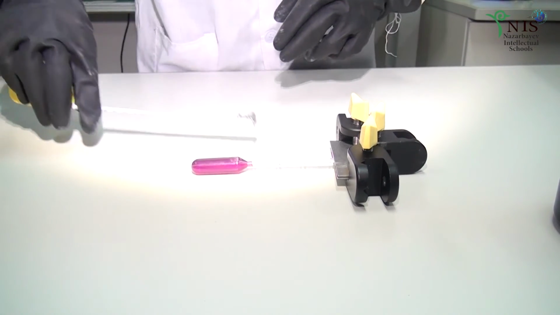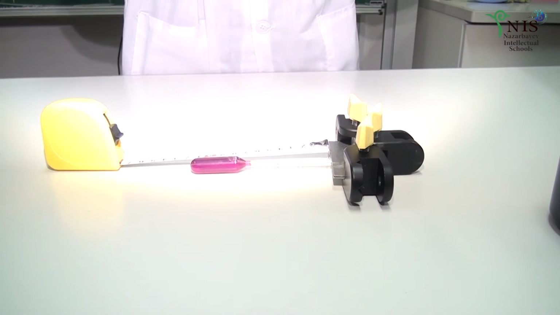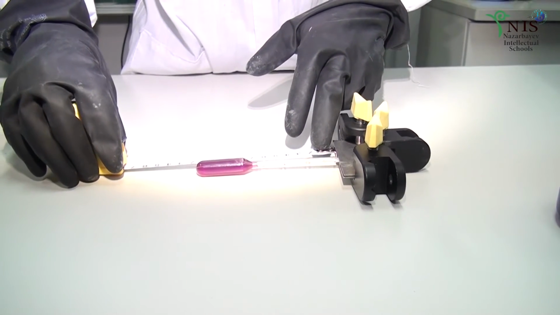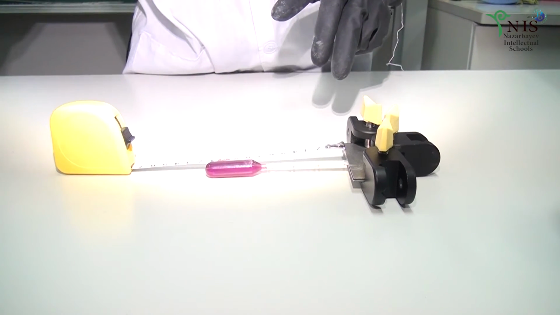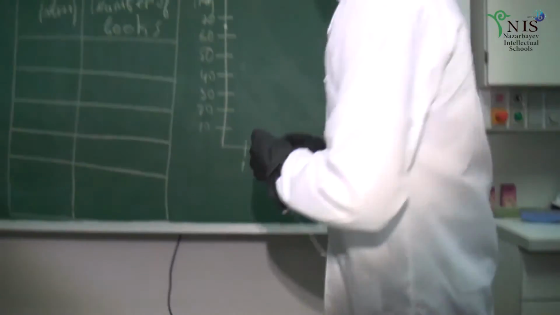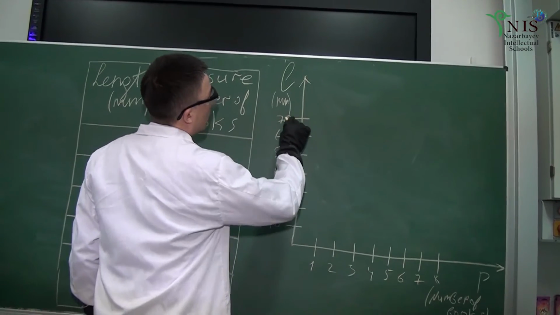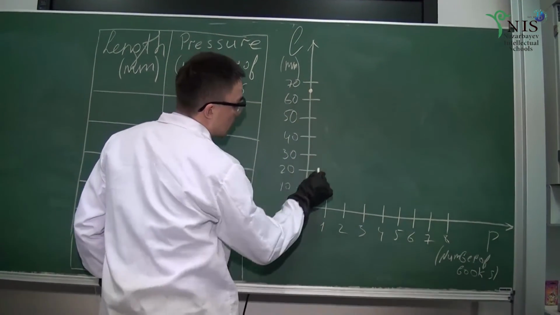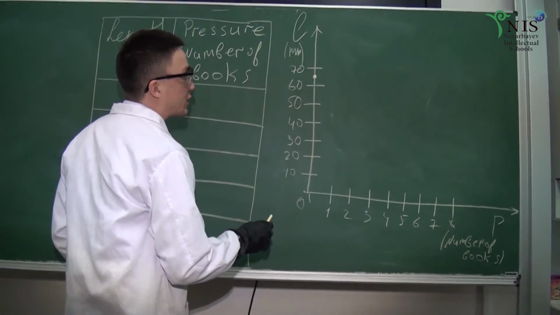So next, let's measure the length of the empty space of this section of a pipette. It is equal to 65 millimeters. Now I will make a dot here to show that the length is equal to 65 millimeters when there are no books on the other side of the pipette.